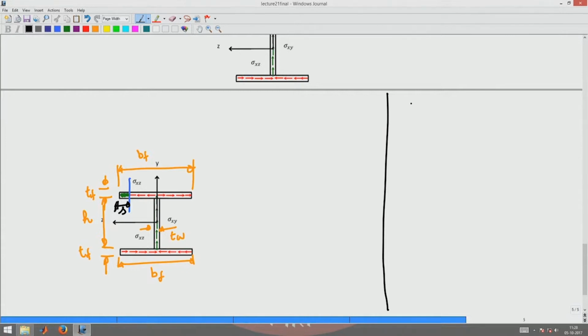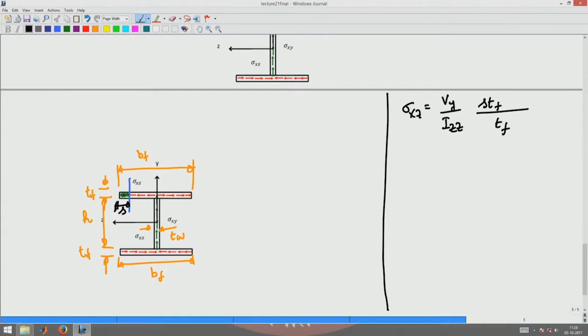So, I have sigma xz given by Vy by Izz by B, where B is the thickness of the flange, Tf. The area would be S into Tf, into the center of that area.